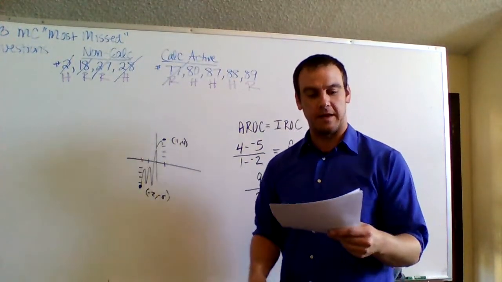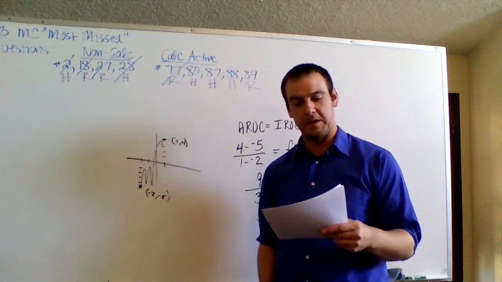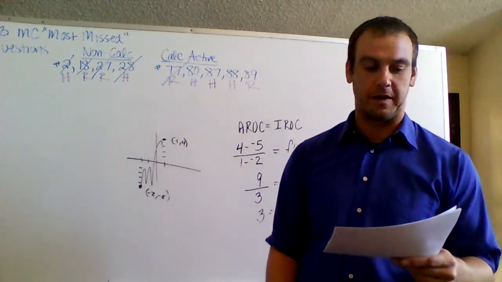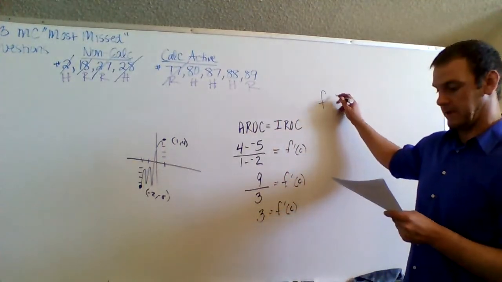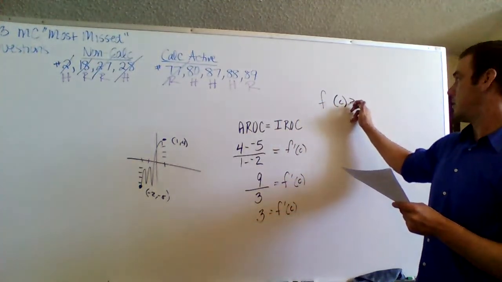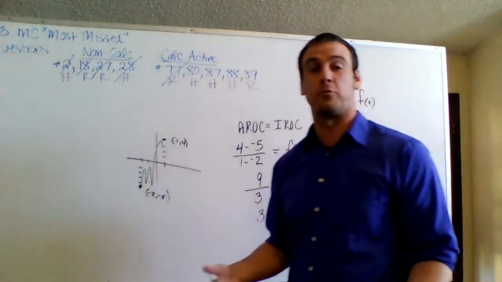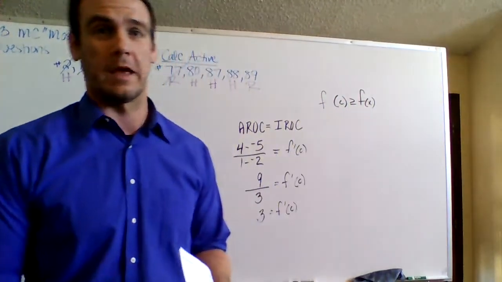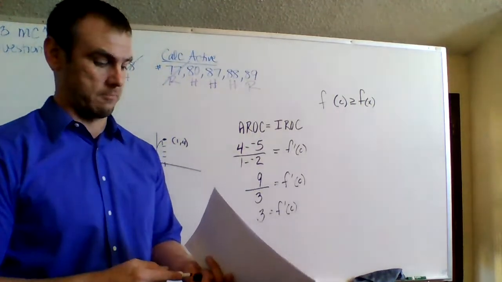E, there exists a C where negative 2 is less than or equal to C, less than or equal to 1, such that... after you see this notation, don't freak out about it. All it's saying is there's really an absolute maximum, and that's guaranteed through the extreme value theorem.